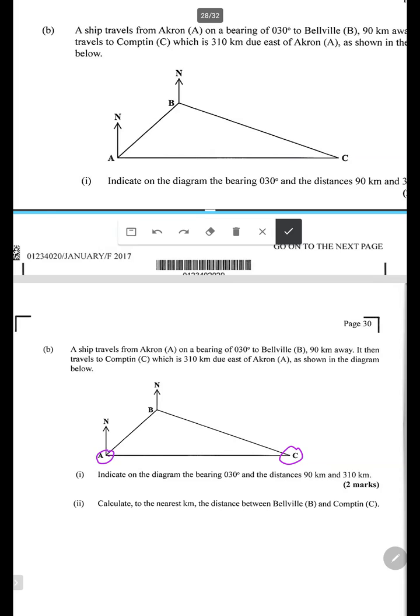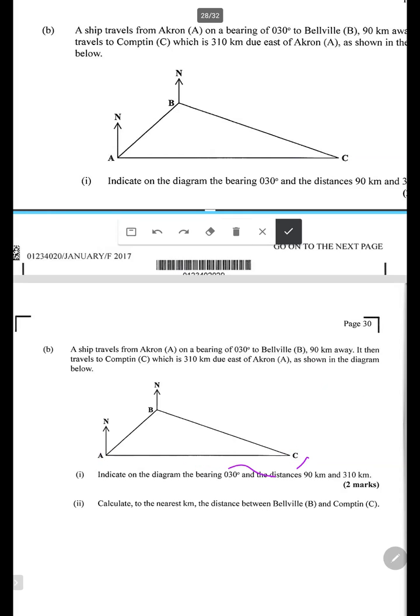Due east simply means towards the east. Remember your cardinal directions. This is north, you spell N-E-S-W across the north line. So east is this direction. So this is 310 kilometers east. All right.